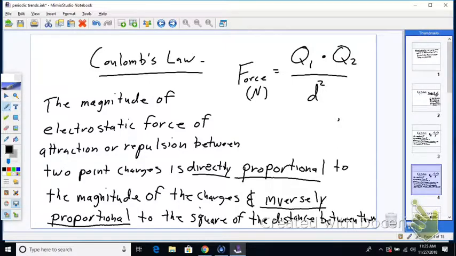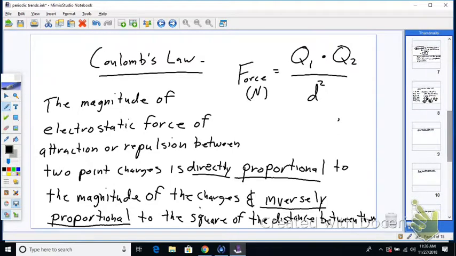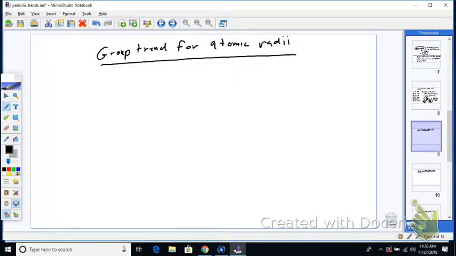Okay? So looking at your periodic table, find atomic radii on the back. If you look at your key, the bottom, it tells you a bunch of different characteristics about that particular atom.